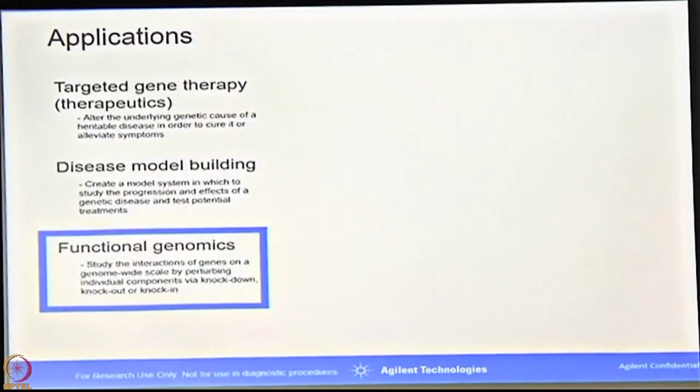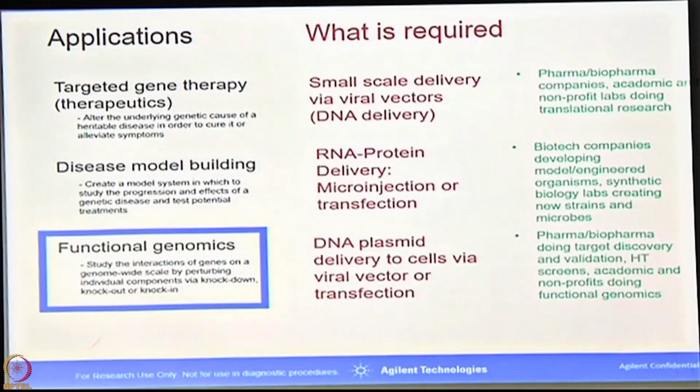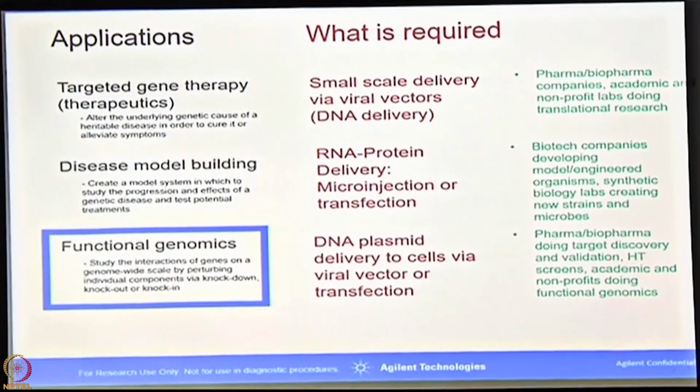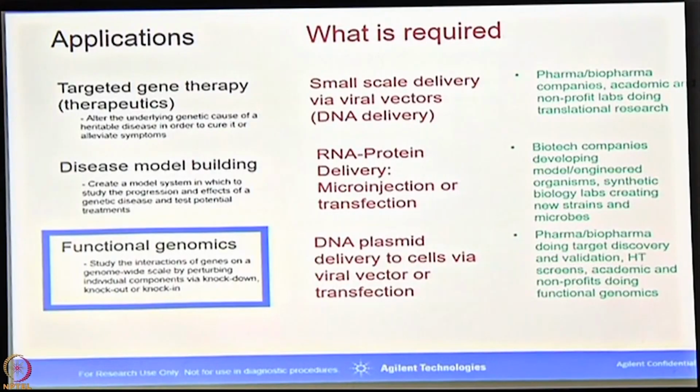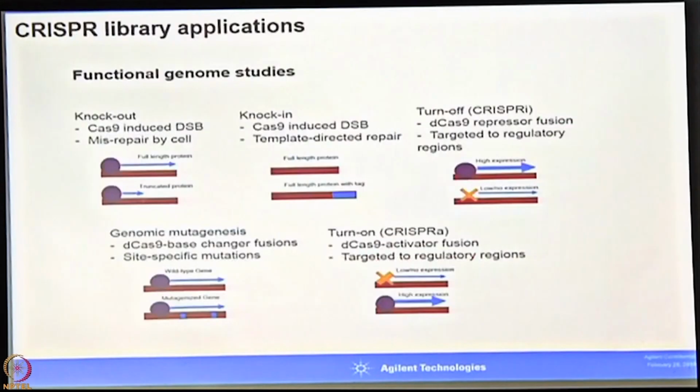So we are working on functional genomics, where we can try to edit these genes on a large scale, and it might be any knockdown, knockout, or knock-in, anything, and try to edit their genes to solve the problems. If you study functional genomics, the very first prospect is knockout, right?